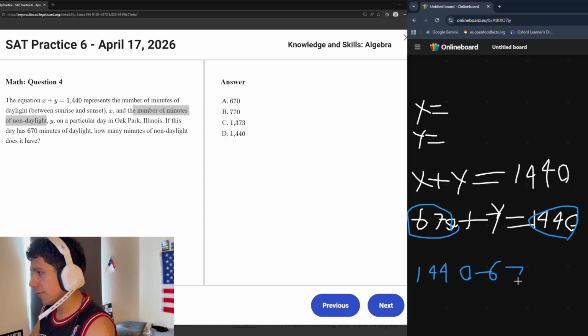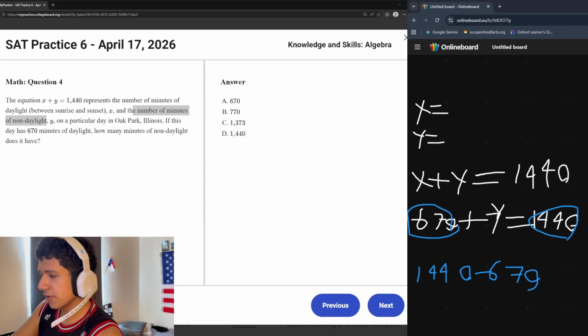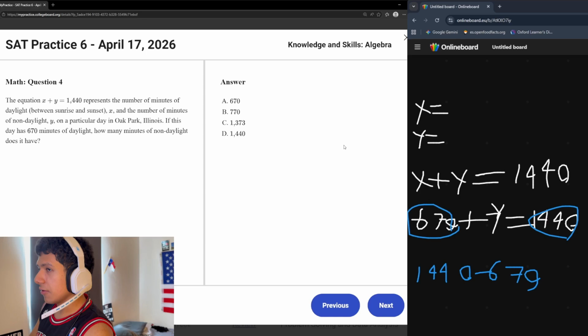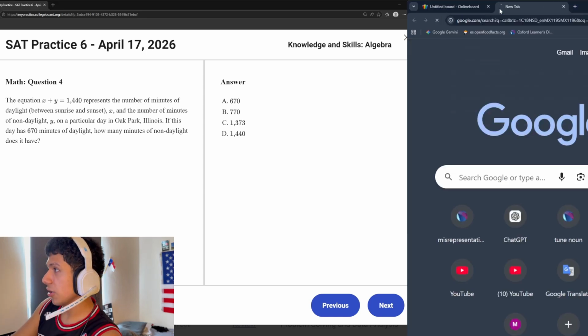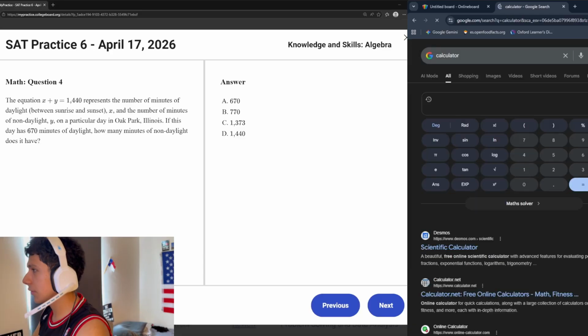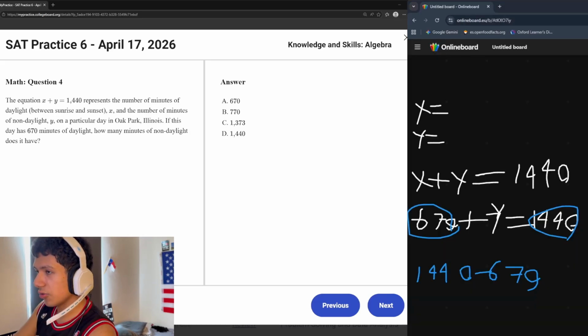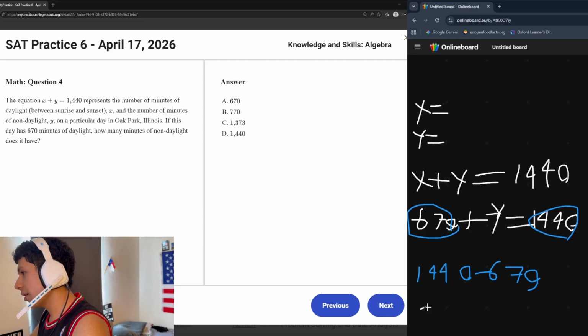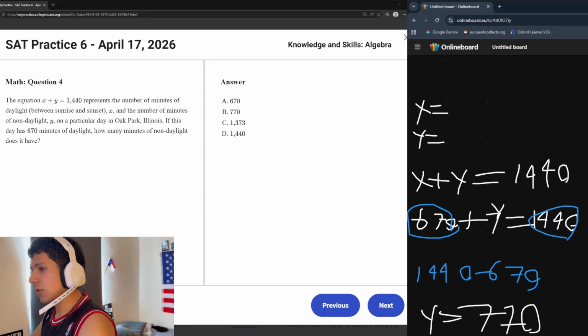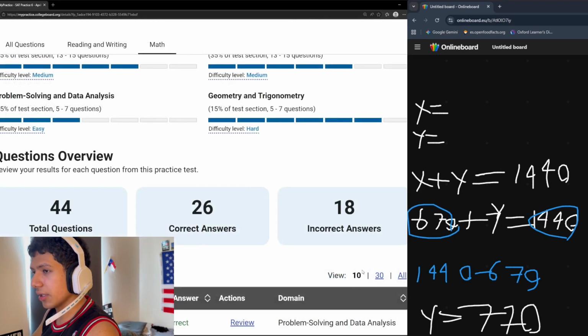I'm going to open the calculator here on the browser, so I'll do the math behind the screens. 1440 minus 670 will be 770. So y is 770, the minutes of non-daylight, which is option B. So option B is correct.